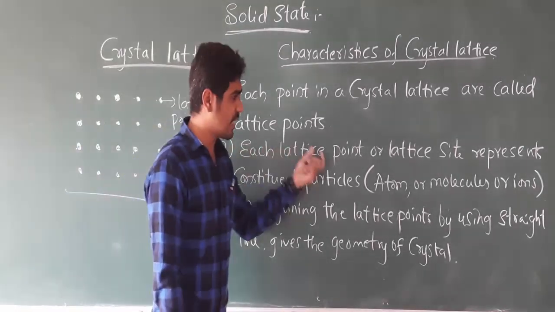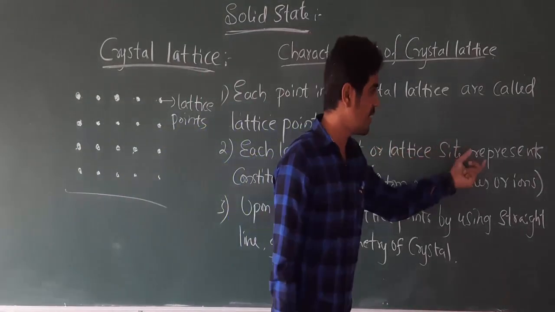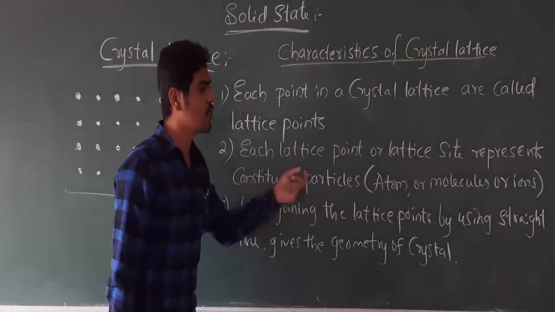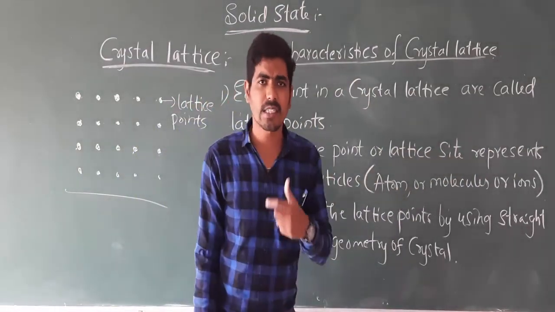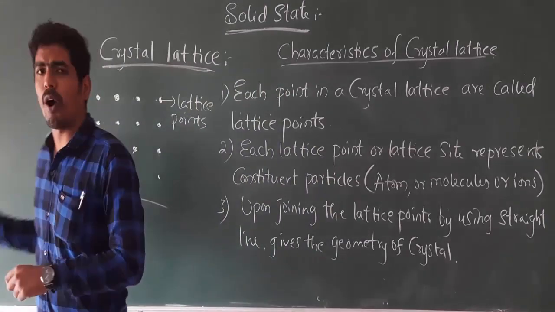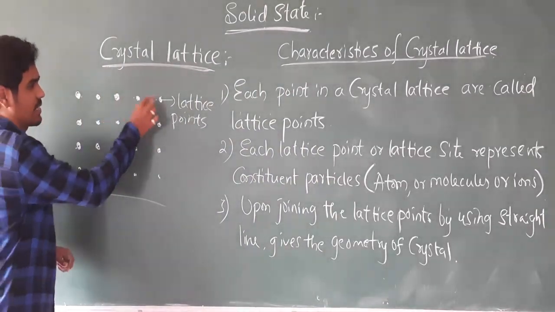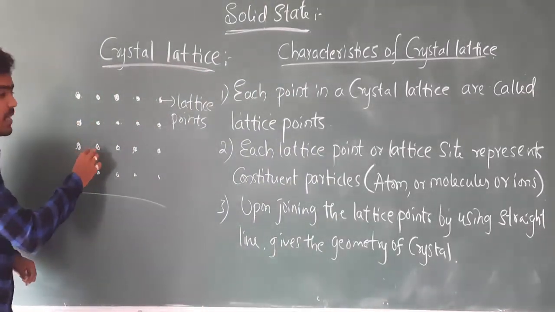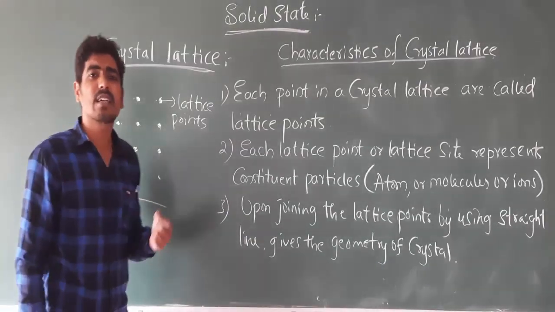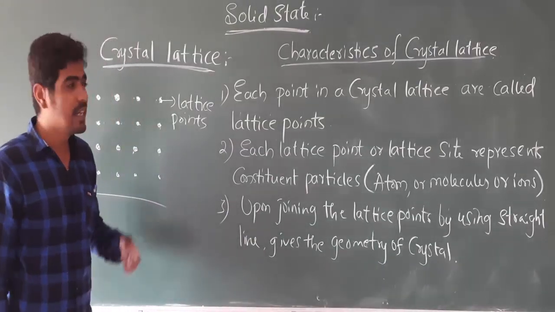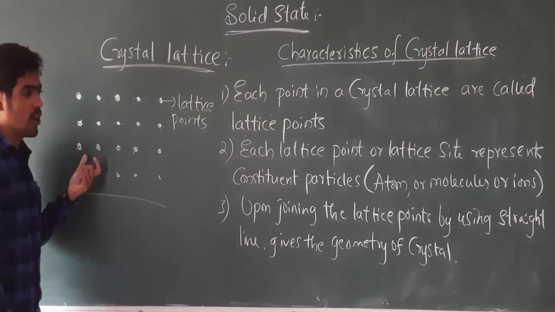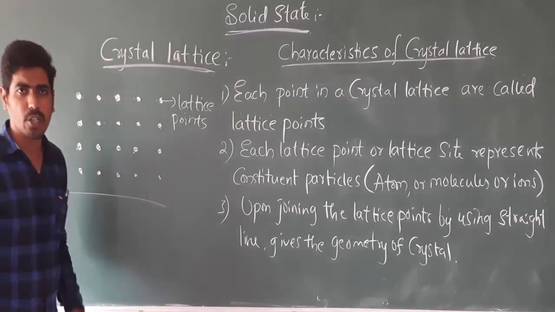And each lattice point or lattice site represents the constituent particles. As I already told you, each point in this crystal lattice is a lattice point, and it will represent the constituent particles of the crystal. That may be an ion, atom or molecule.